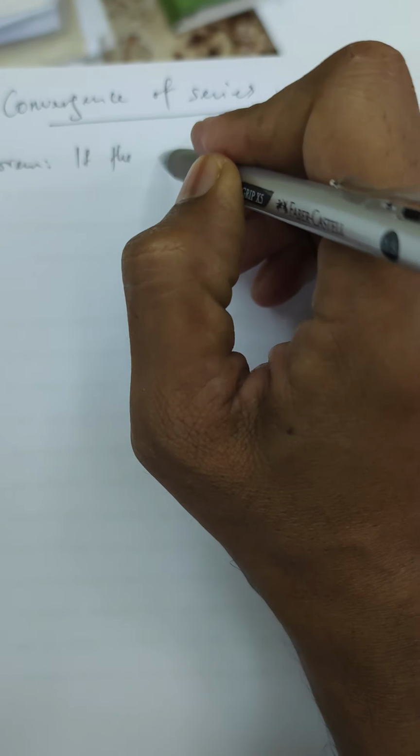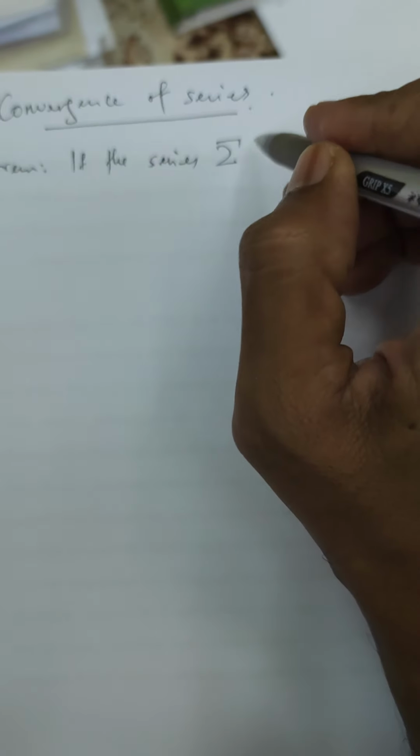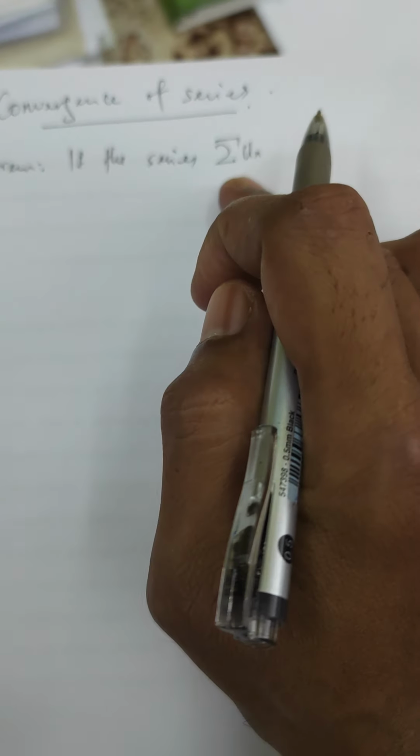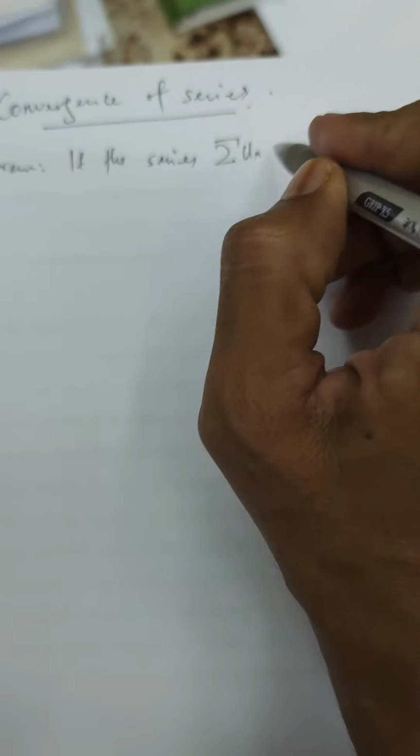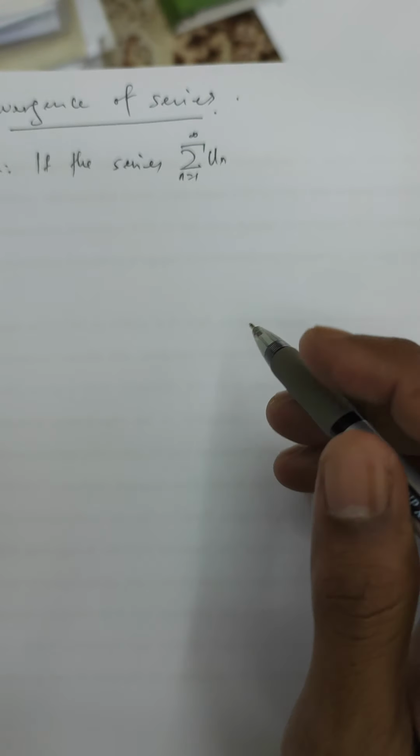if the series Σ un converges, where the summation means it's a series, n from 1 to infinity. If the limits are not written, it is understood that n goes from 1 to infinity.